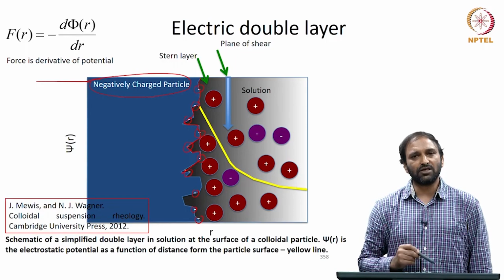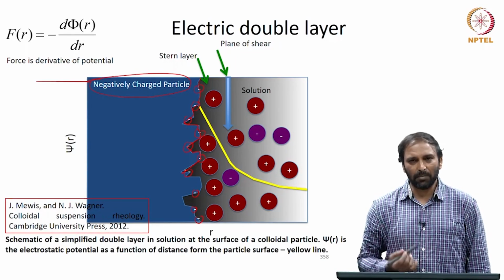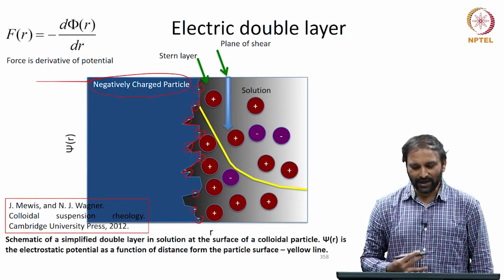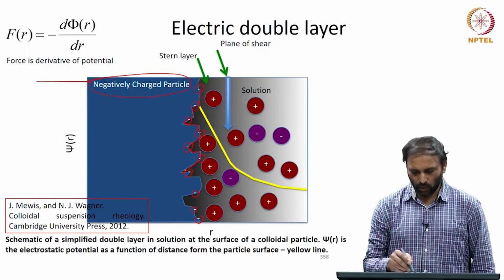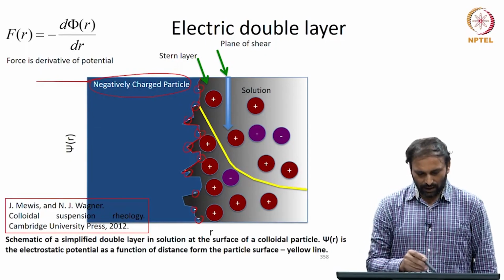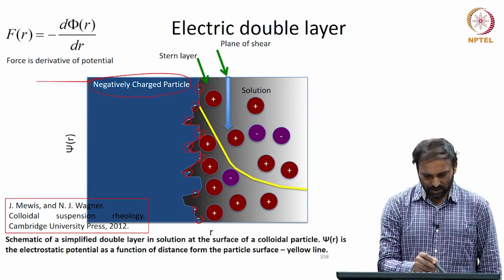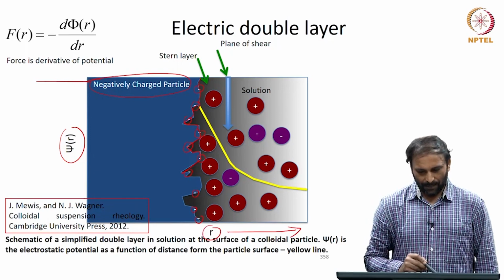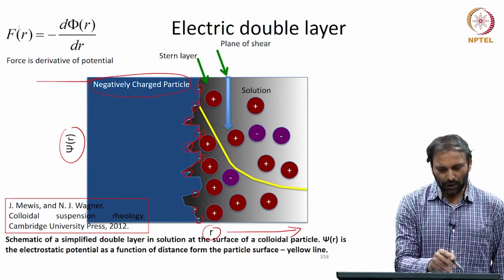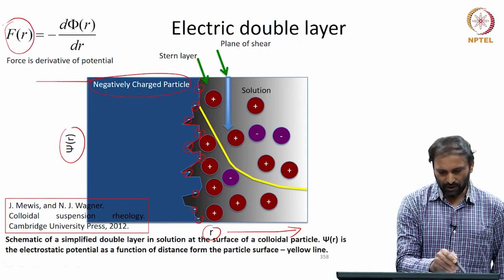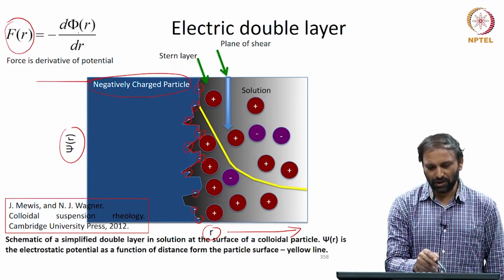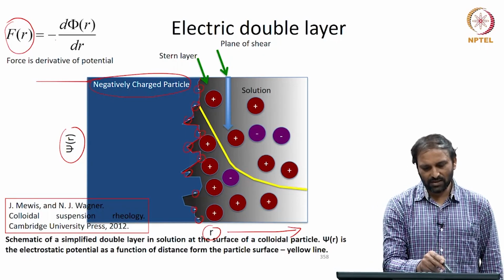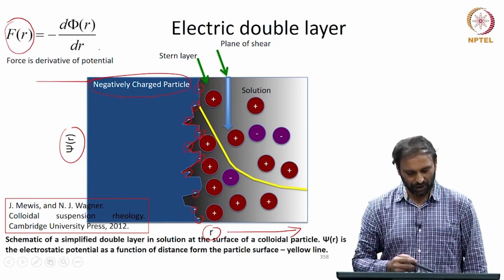This is because any particle at a nanoscale is not homogeneous. There could be some heterogeneities on the surface. What is plotted here is the potential against a separation distance r, and of course we know that the force of interaction is related to the potential of interaction through this formula: f of r is the negative gradient of the potential.